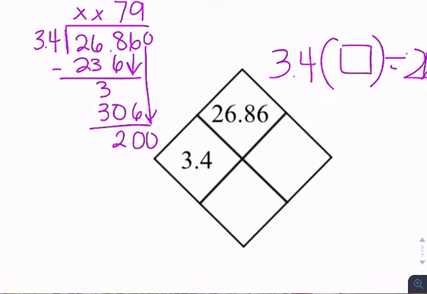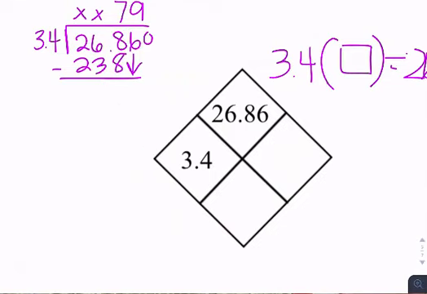There we go. I'm so sorry. I knew I made a mistake here. Okay, so 268 minus 238 is 30. So now we're looking for 306. Okay, that's better. So 306 divided by 34, it goes in 9 times exactly. So we get 306, we subtract, we're left with 0.